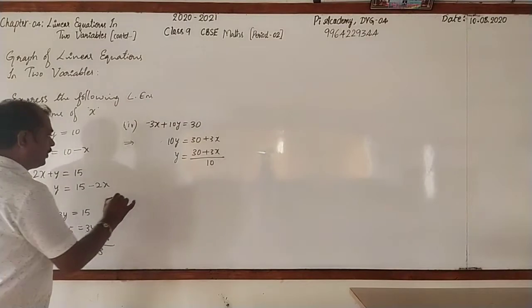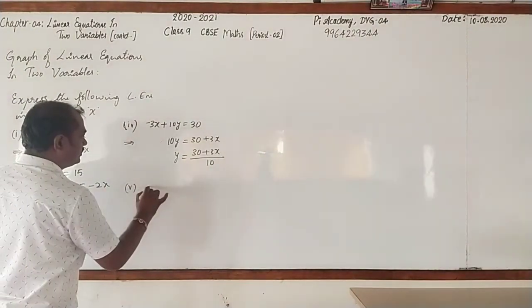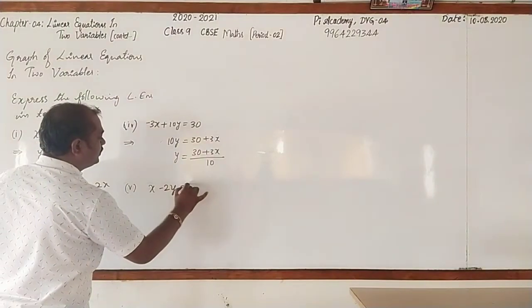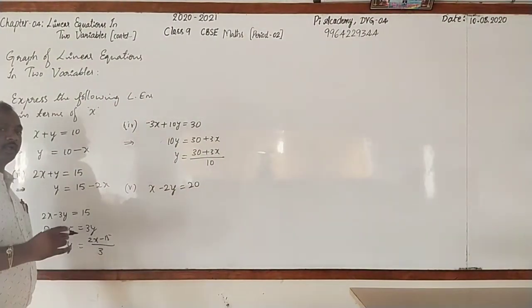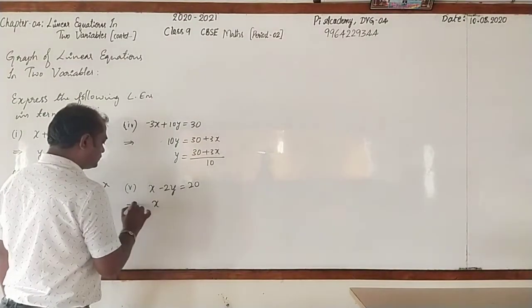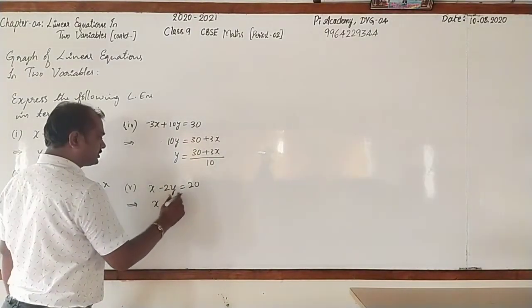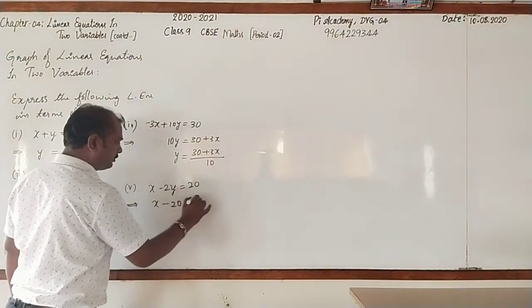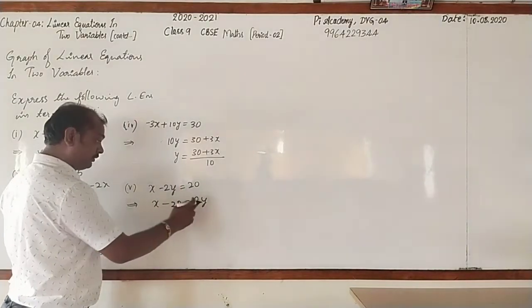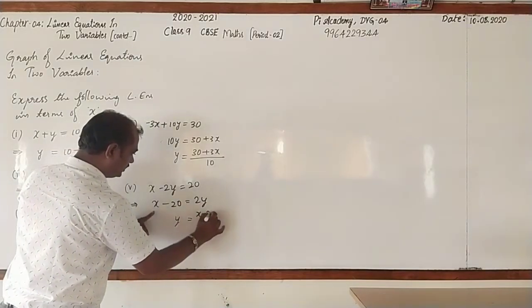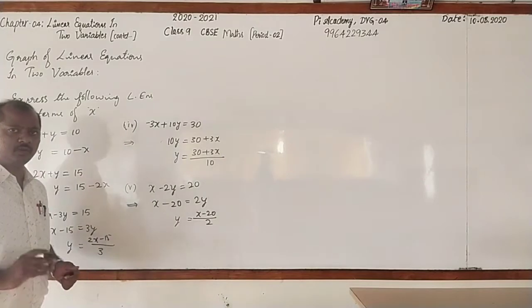Clear? The fifth one is x minus 2y is equal to 20. How do you write? We want y, so transfer minus 2y to the right hand side and 20 to the left hand side. 20 becomes minus 20, minus 2y becomes plus 2y. Then solve for y. y is equal to (x minus 20) divided by 2.